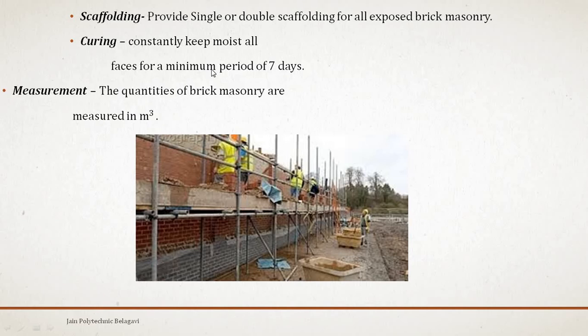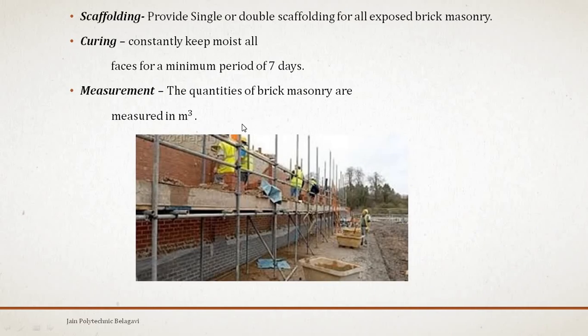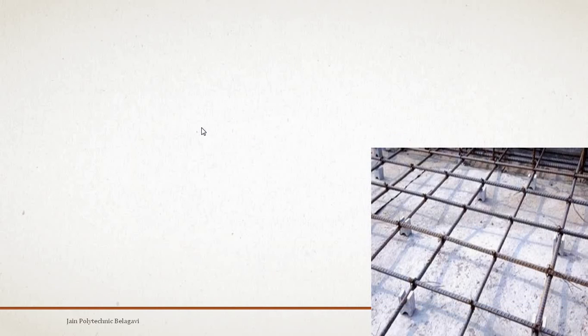Now curing: constantly the wall surface or wall masonry work should be kept moist, and the minimum period of curing should be at least 7 days, and the measurement is done for brick masonry in cubic meters.